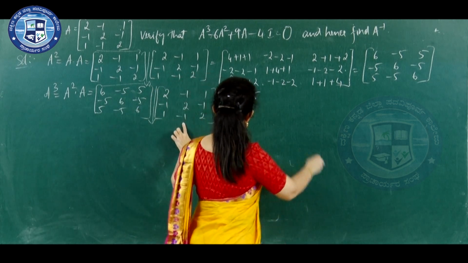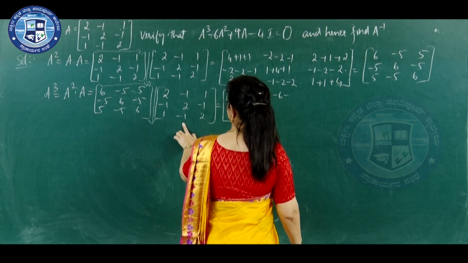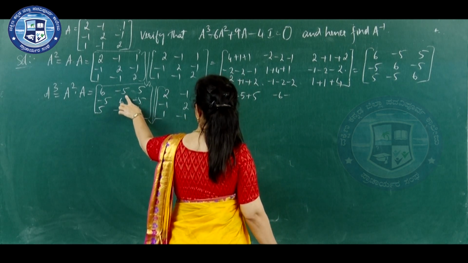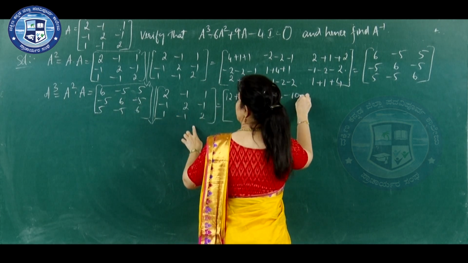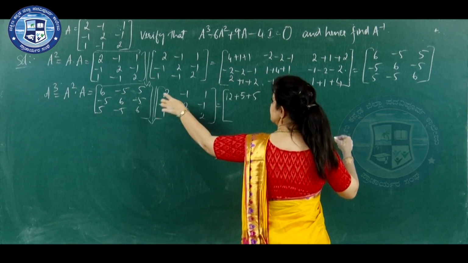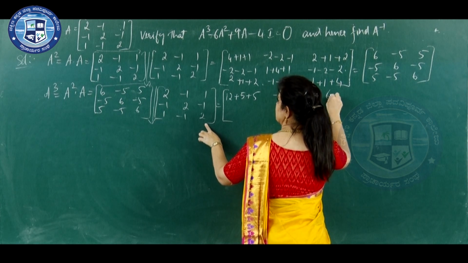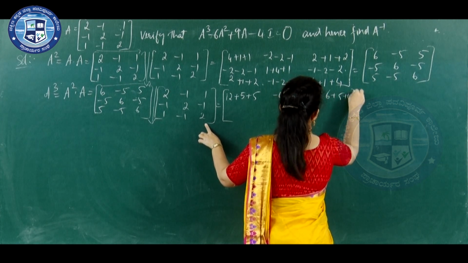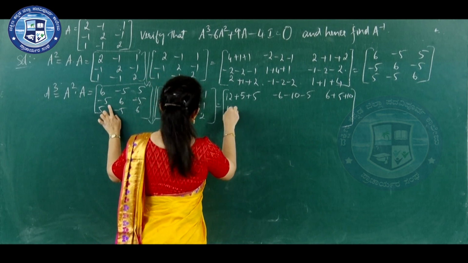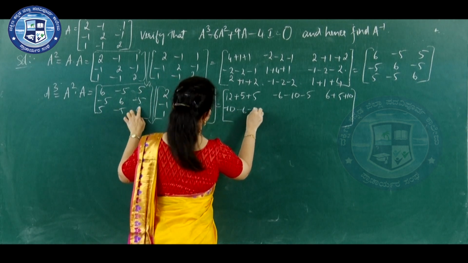First row multiplied by second column, what do we have? Minus 6 minus 10 minus 5, that is minus 21. First row multiplied by third column, 6 plus 5 plus 10. Now, second row multiplied by first column, 10 minus 10 minus 6 minus 5.